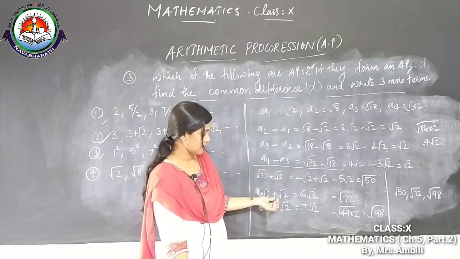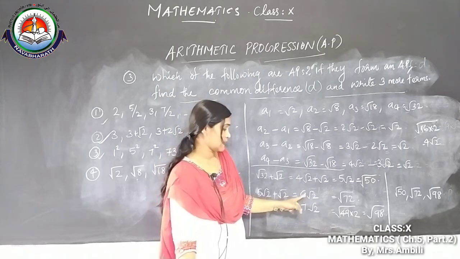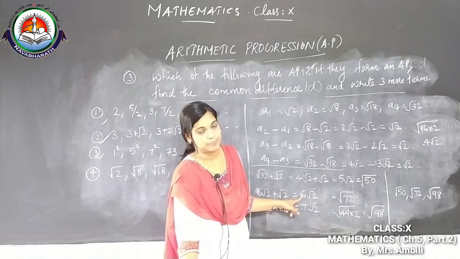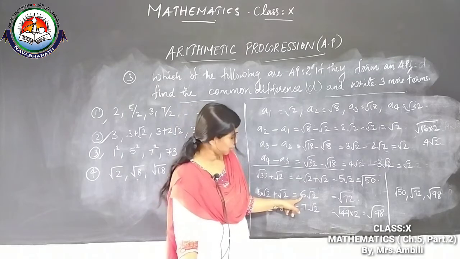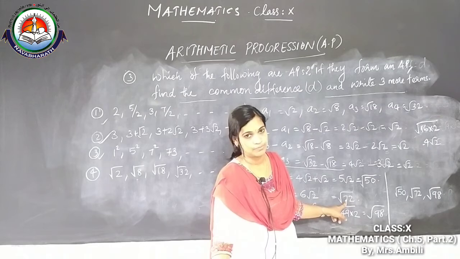So 5 root 2 plus root 2 equals 6 root 2. We can write 6 as root 36, so root 36 into 2 is root 72.